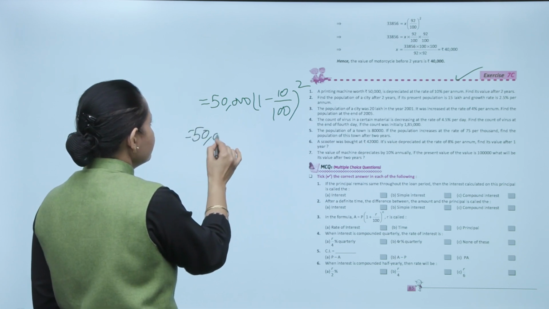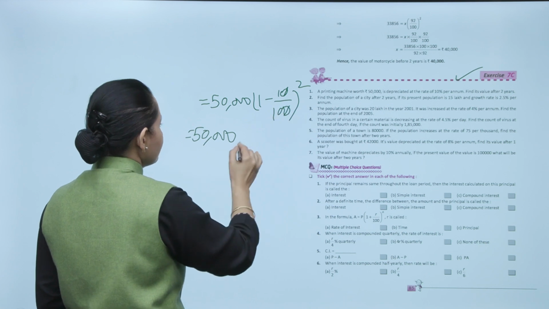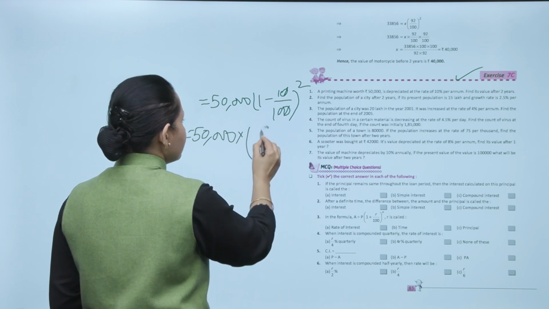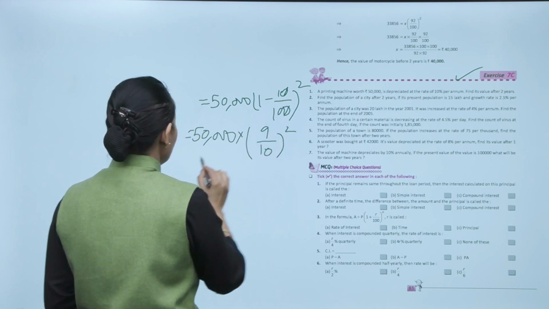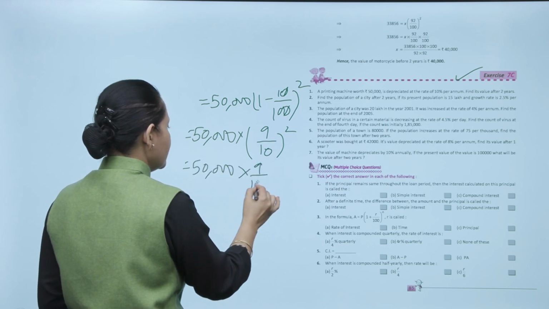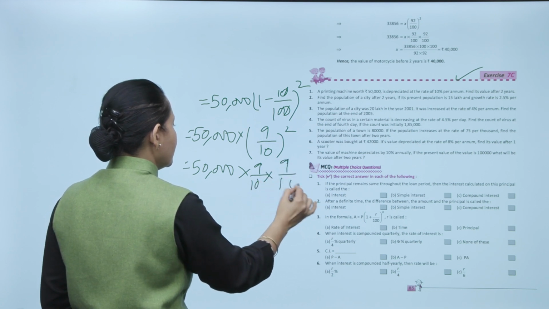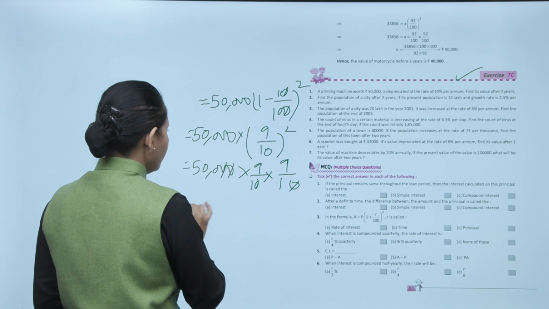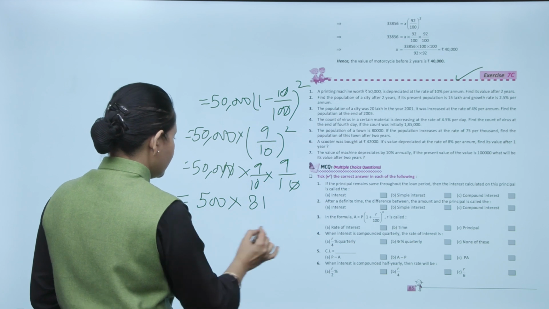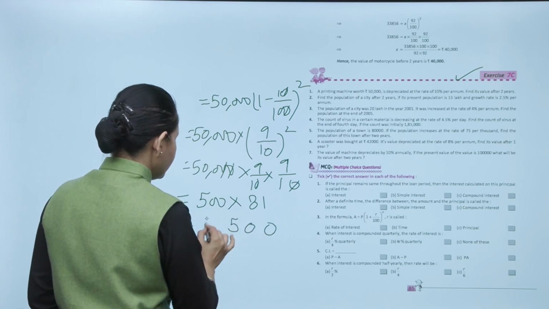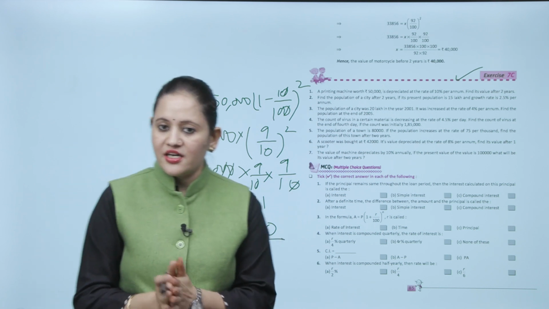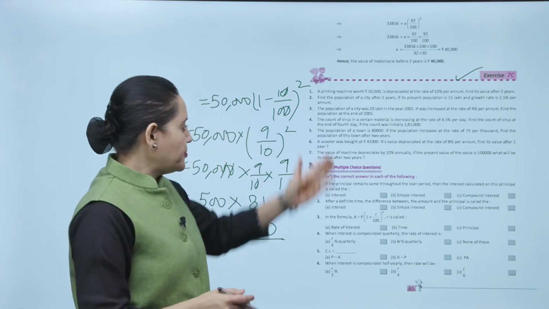So 50,000 and this will become 9 upon 10 to the power 2. So 50,000 multiplied by 9/10 into 9/10. Zero cancels with zero, so 500 into 81, that is rupees 40,500 after 2 years. So you have to practice all these questions.